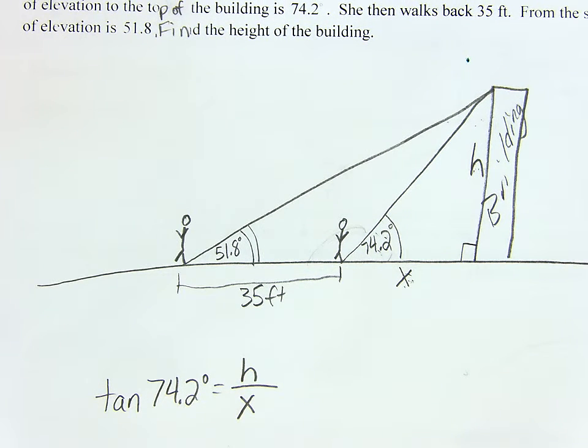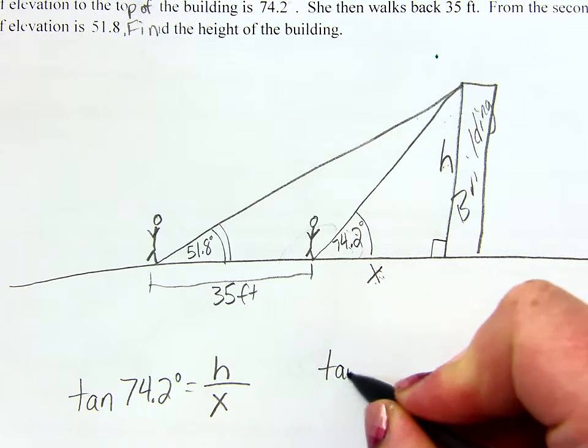Okay, so there's my first equation for the little triangle. And I bet if I try the same thing with the big triangle, using only the same two variables, x and h, I should be able to solve with two equations. So, can you write an equation for the big triangle?